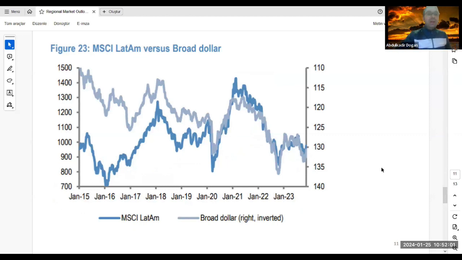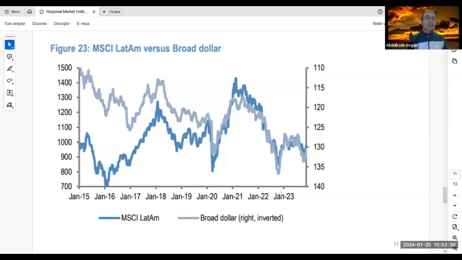And this graph directly shows MSCI Latin American countries, because they are also in emerging market economies. Lots of Latin American countries, Brazil, Argentina, Peru, Colombia, all these countries are Latin countries and they are emerging markets. And versus the broad dollar, meaning how the MSCI Latin is correlated with the broad dollar index. What do we mean by broad dollar?